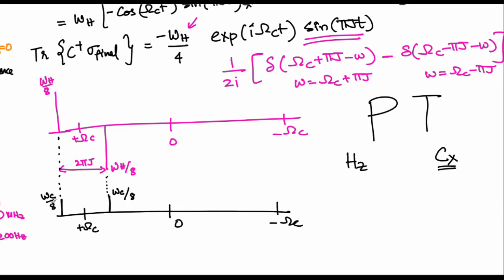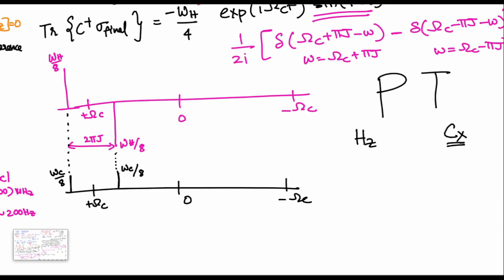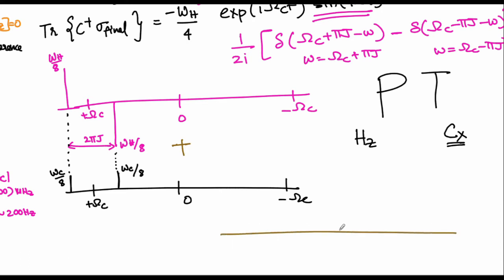So the important thing that you're going to end up getting, it will be a simple arithmetic sum of these two spectra. So you're going to end up getting something that looks like this: 0, minus omega c, plus omega c. You're going to have these two signals that add with each other. So you're going to get omega h plus omega c by 8.